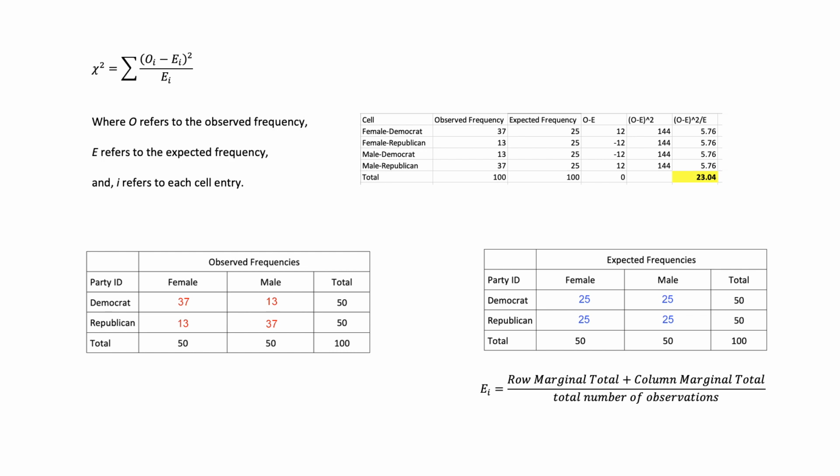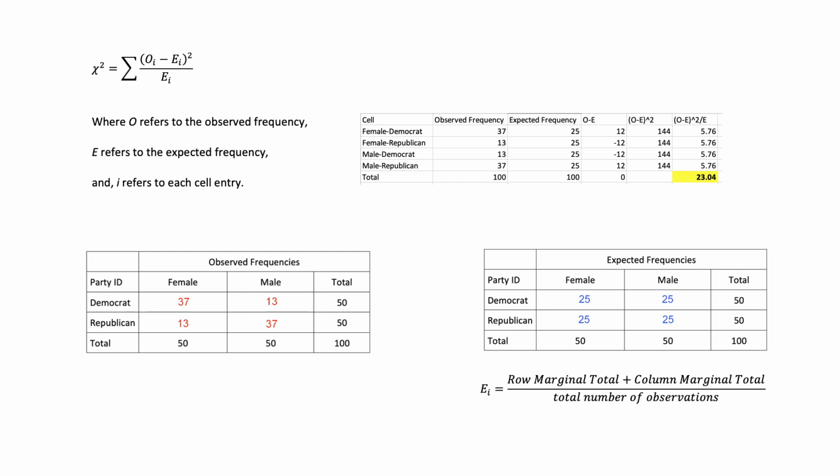Now you can imagine that you could have, let's say, an expectation of 250 females, and maybe you observe, let's say, 262 female Democrats. Your difference would still be 12, but 12 out of 25 is a much bigger proportion than 12 out of 250. So we always divide by the expected frequency to account for the fact that there are different values in tables with different n's.